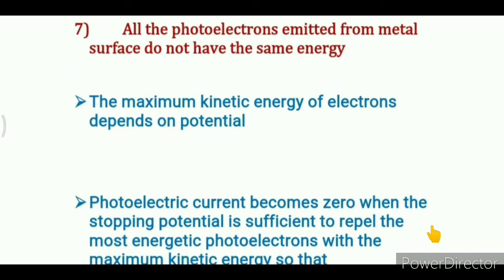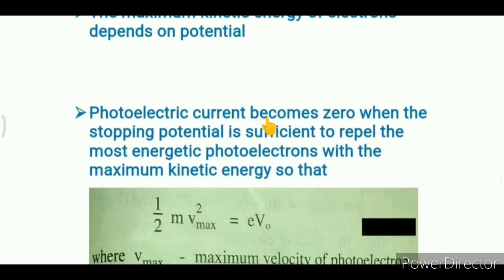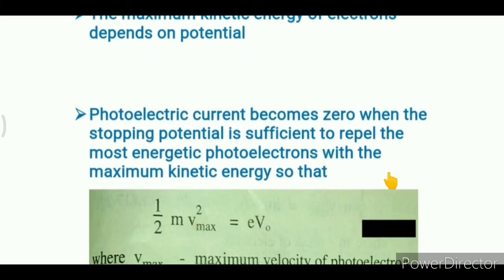The kinetic energy of each emitted photoelectron is different, and the maximum kinetic energy of the photoelectrons depends on the applied potential there. Here it is found from the experiment that the photoelectric current becomes zero when the stopping potential is sufficient to repel the most energetic photoelectrons with the maximum kinetic energy.